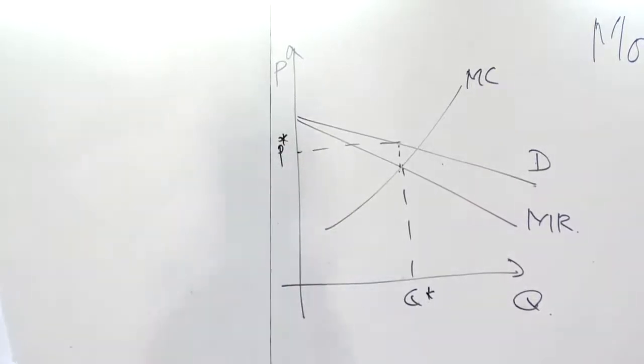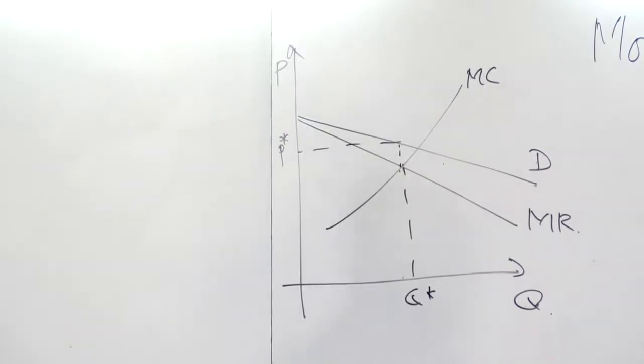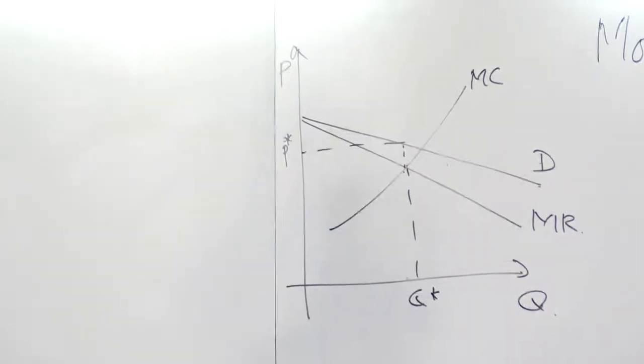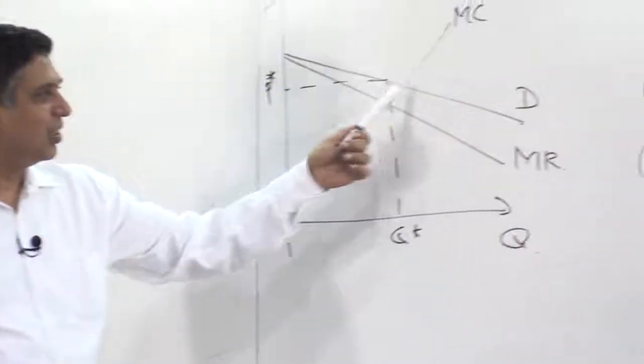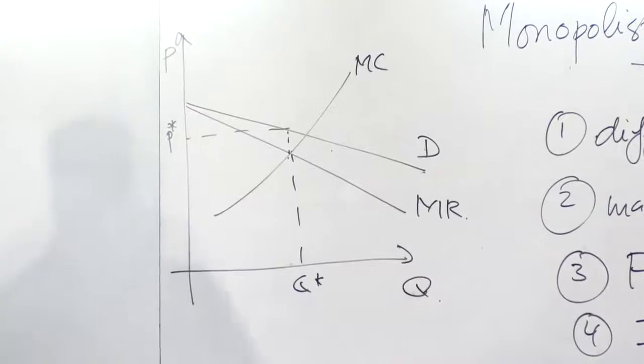You would also expect that the profits of a monopolistically competitive firm would be fairly small, because remember, the ratio of price minus marginal cost to price is 1 over the elasticity of demand. Since the elasticity of demand is fairly high, you are not likely to make much money.